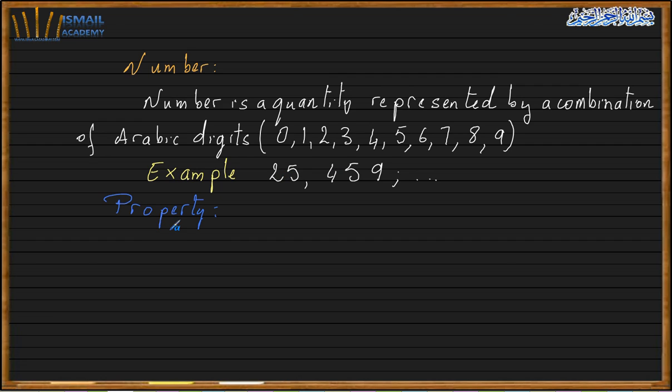This is 5, that means I have 5 units, and here we have 20. That means that's the quantity of 5.